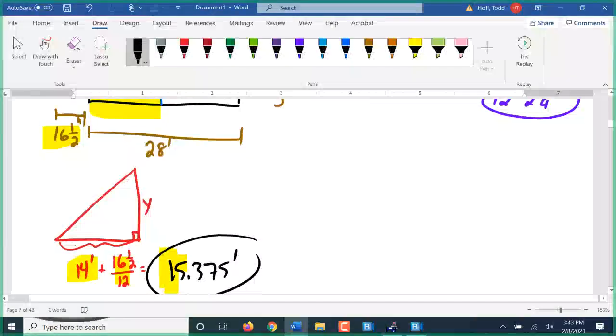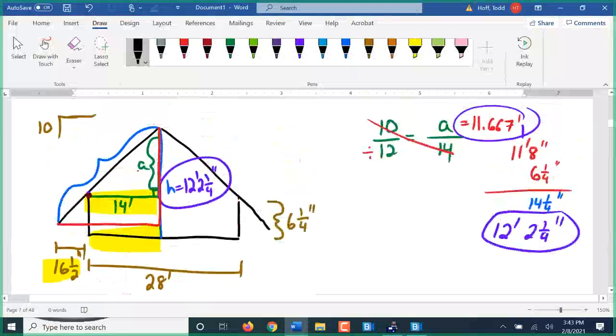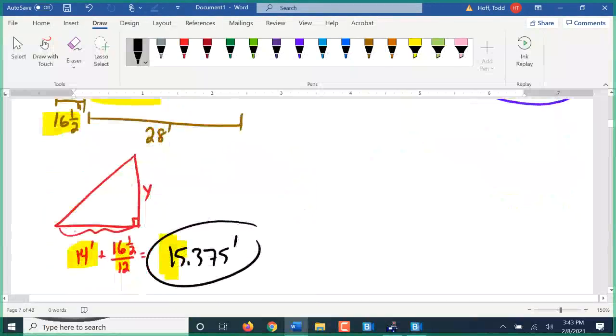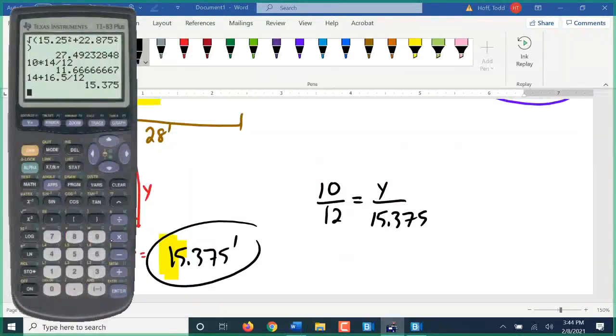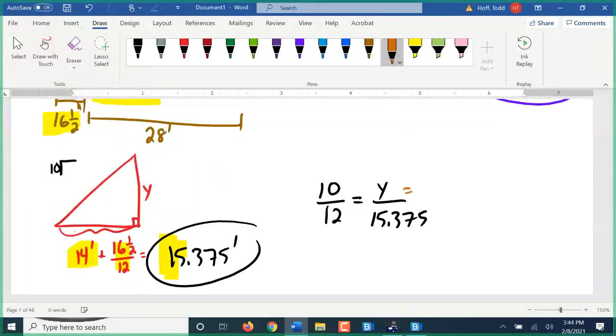And we're going to find Y. We're still going to use the 10-12 slope. What's my proportion going to look like? 10 over 12 equals Y over 15.375. So 15.375 times 10 divided by 12 is 12.8125, our height.